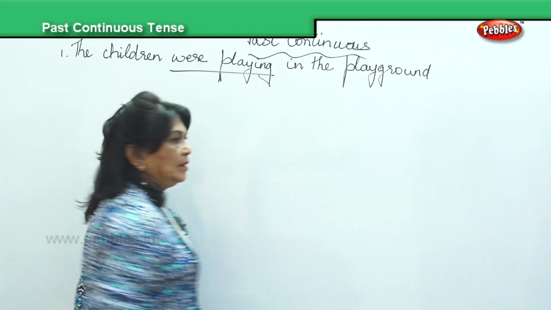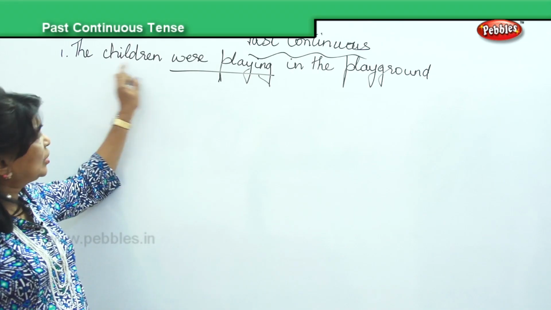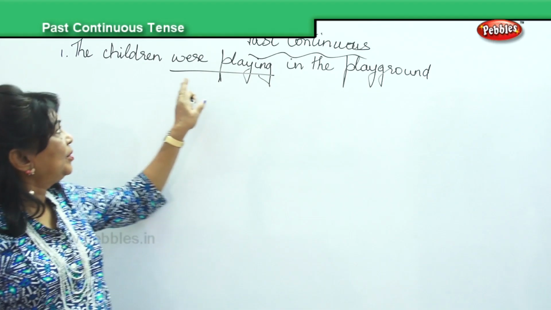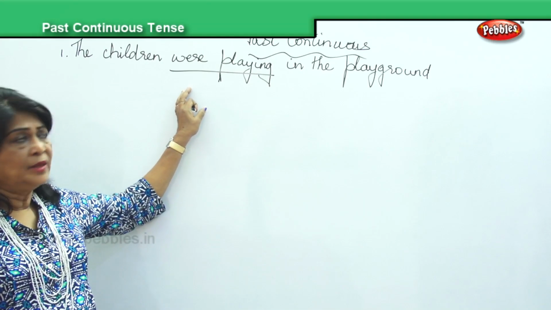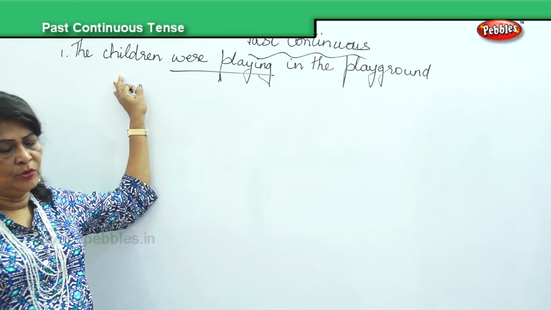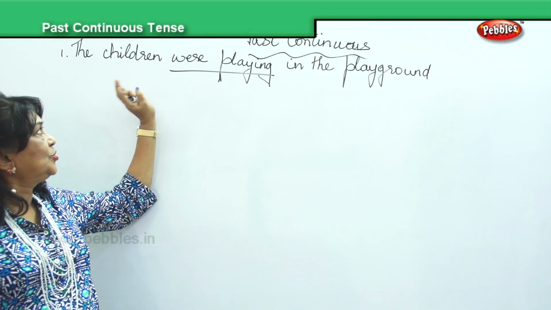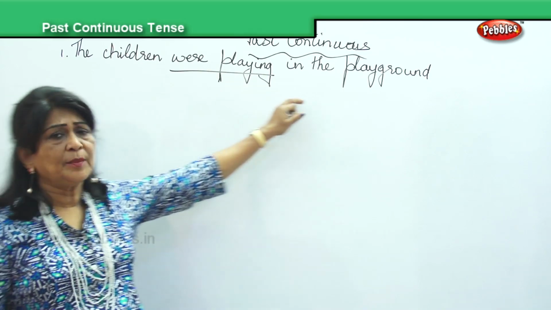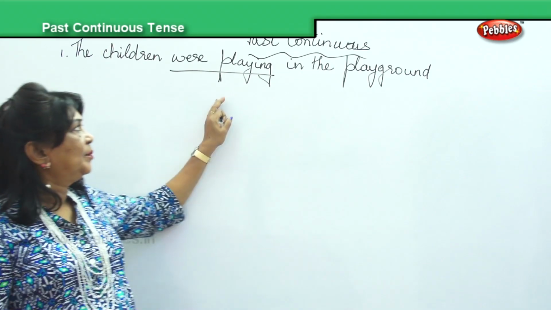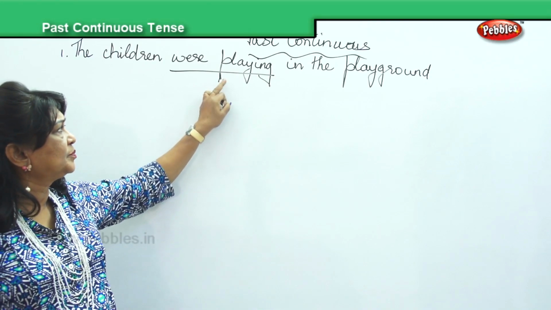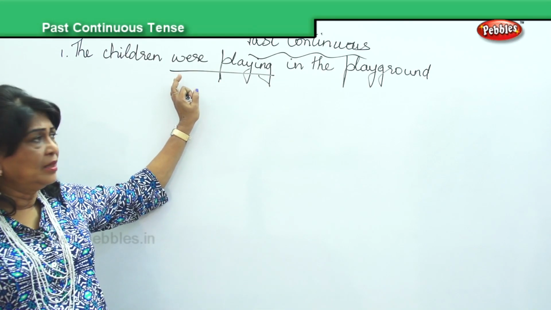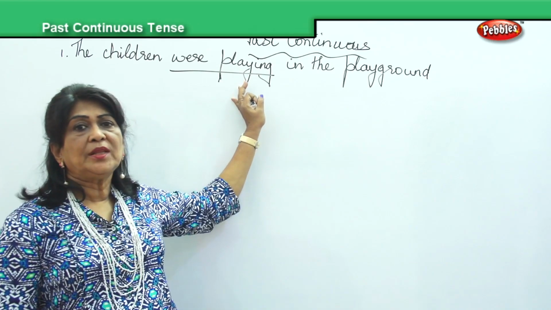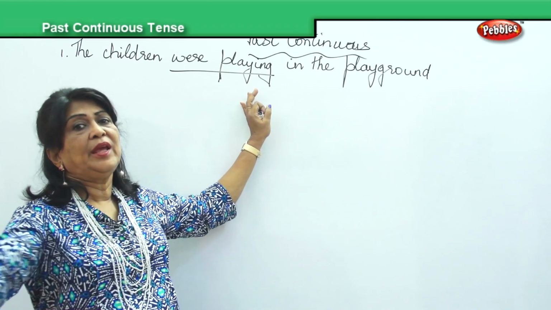Now let's see. The children were playing in the playground. We are using the verb were because children is plural. Okay? The children were playing. The children were in the playground also makes sense, but here we are talking about the action which began and did not come to an end. What were they doing? They were playing.